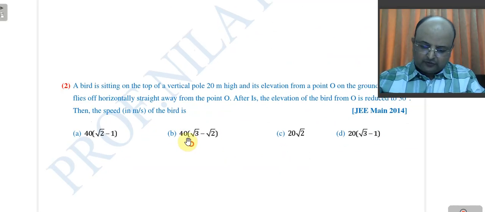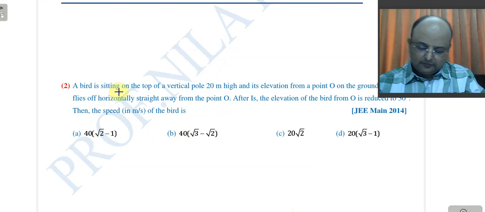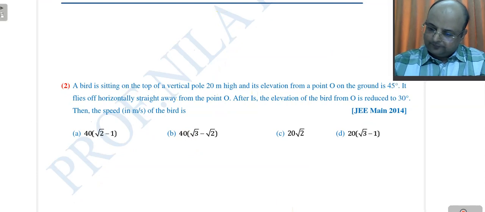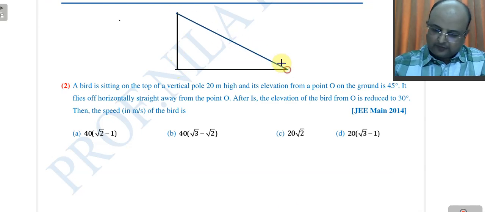A bird is sitting on the top of a vertical pole 20 meter high, and its elevation from a point O on the ground is 45 degrees. I want to draw that diagram carefully.